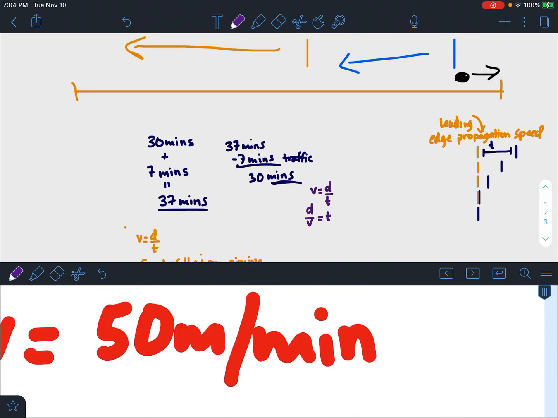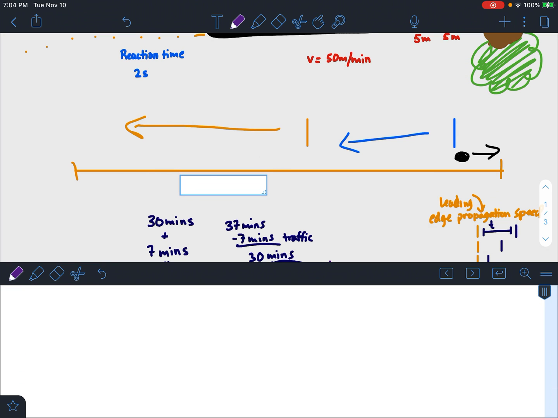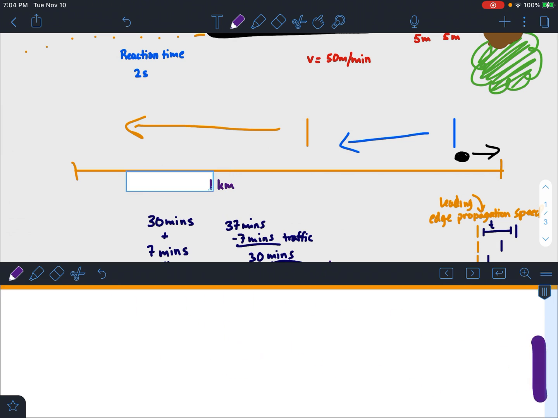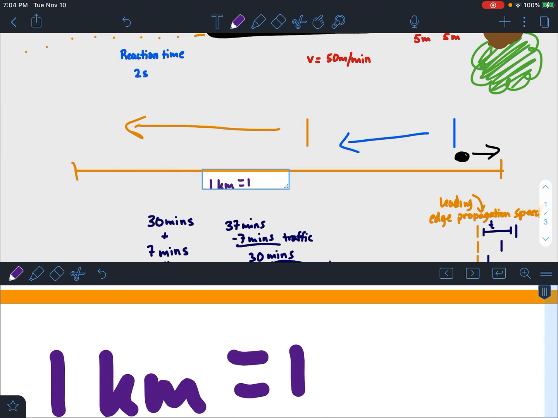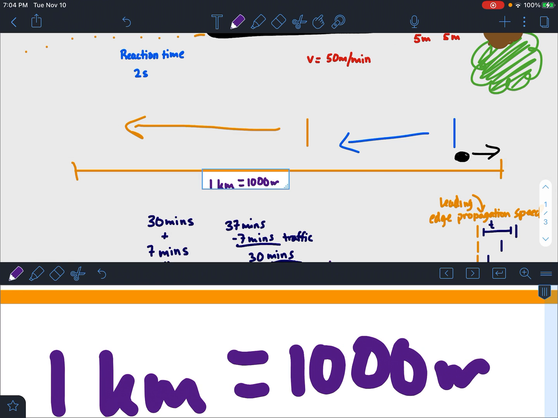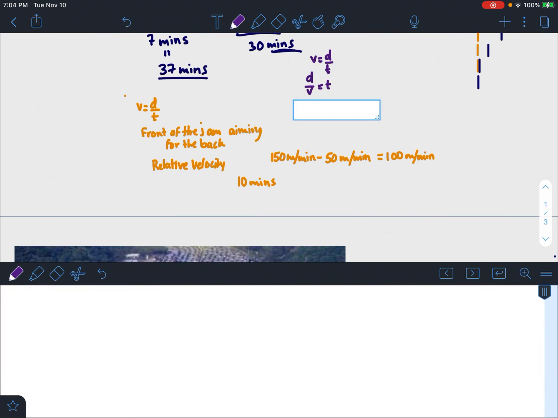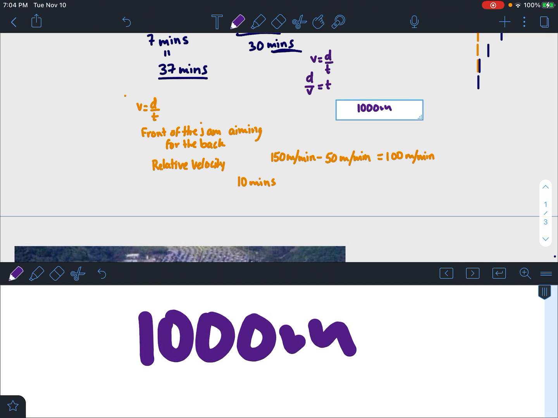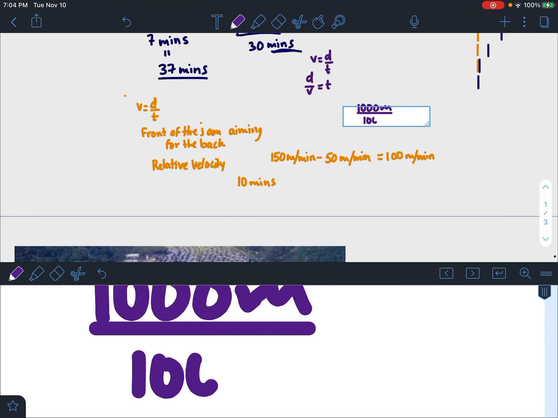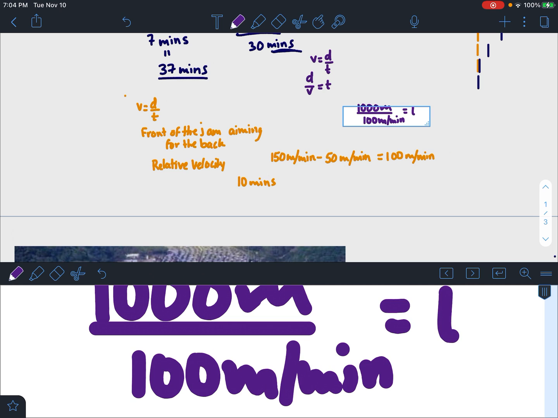let's say the distance, we never said the distance, but let's say it was 1 kilometer, right? 1 kilometer away from the point, and 1 kilometer is equal to 1,000 meters. Forgot to say that, and we don't even have givens. So if that's 1,000 meters divided by that relative velocity, 100 meters per minute, you're going to get a time.